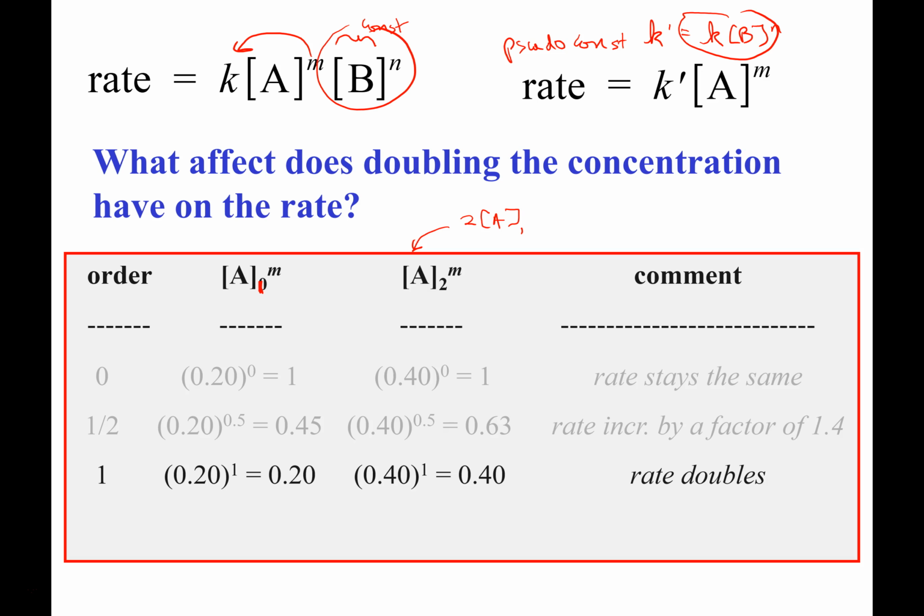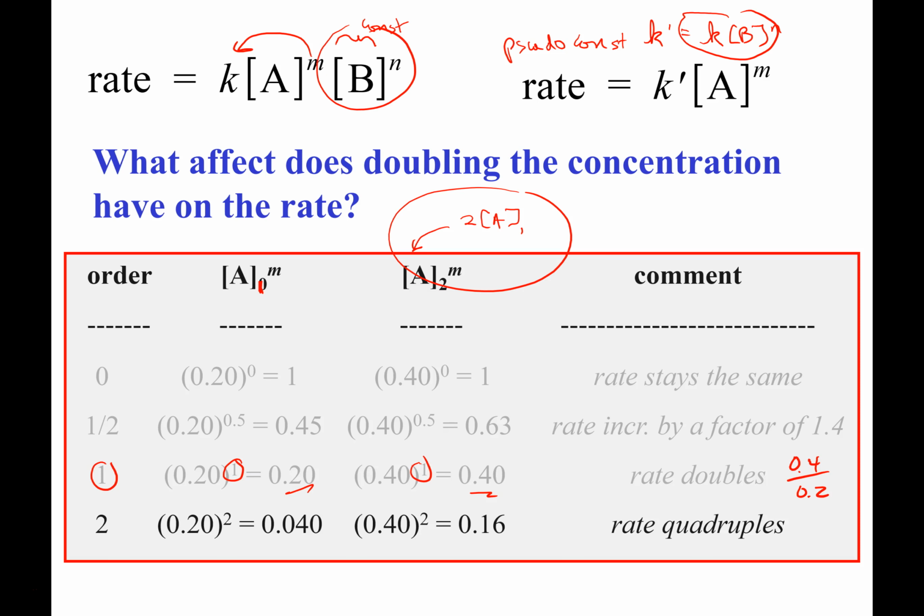We're all on the same page here. That makes it double. The rate doubles, I know it sounds like a lot of ifs, but the rate doubles if it's first order and if you double the concentration. So those two things.